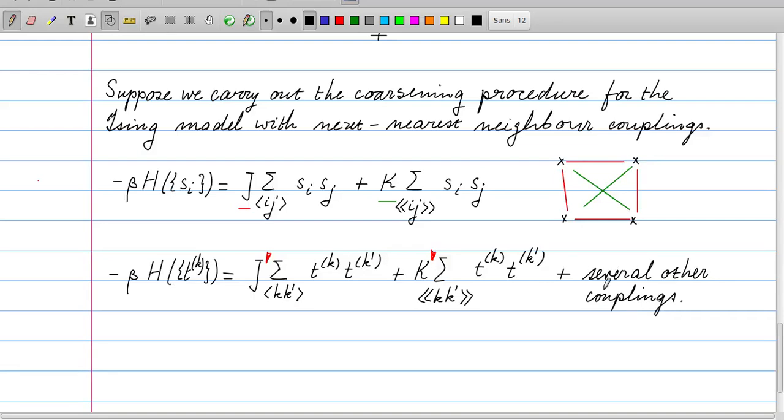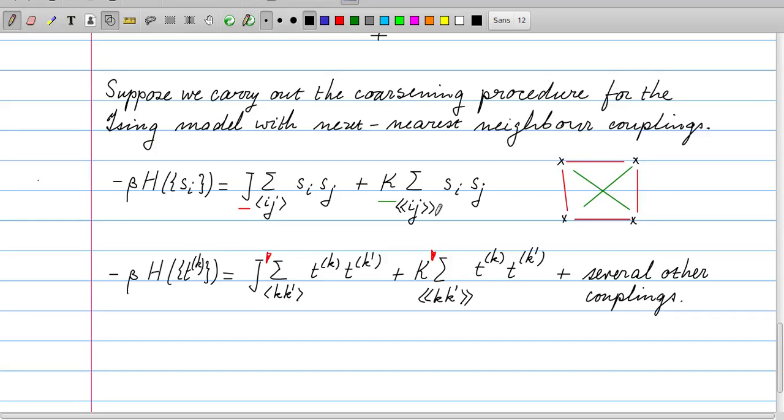And then there may be several other terms in this Hamiltonian, for example, terms coupling 3 or 4 spins, and we assume that we can neglect those. So what we do is we just truncate the Hamiltonian beyond the terms that were already present in the original Hamiltonian. Whether that's a justified procedure is not known at this stage, but I will come back to that at a later stage.